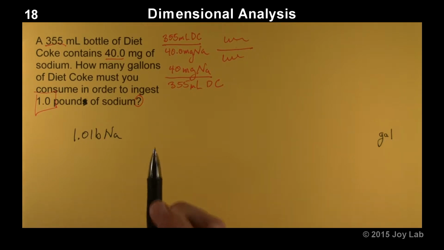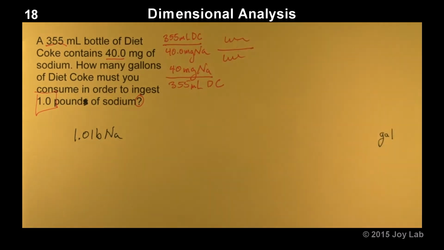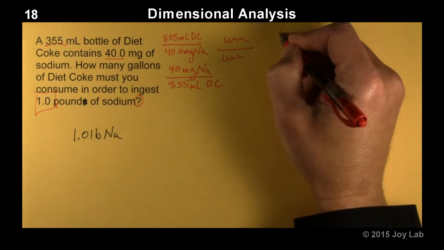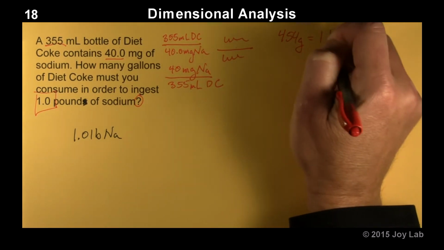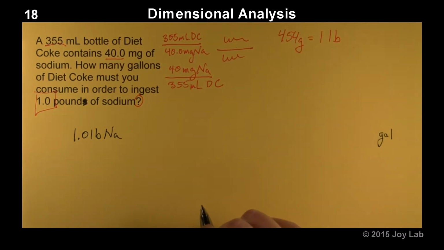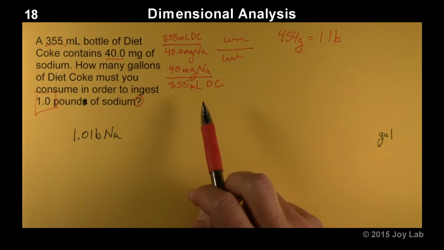I do remember my metric English conversion. The one that you're going to remember is that 454 grams is 1 pound. Remember, there are 3 metric English conversions you're going to do. For mass or weight, this is what you're going to use.